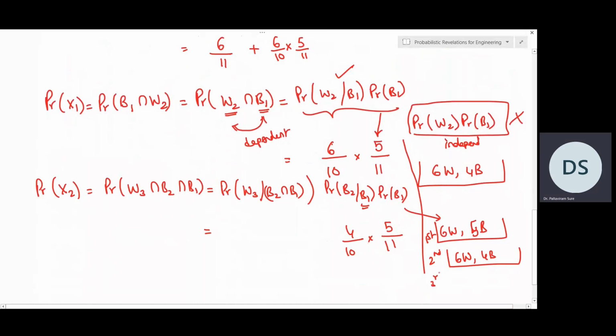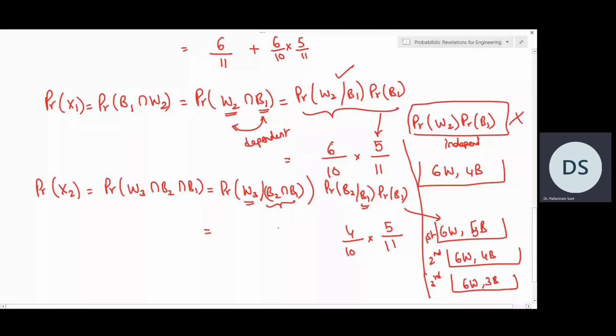Now by the time we come to the third draw, we will be left with, let us see this. So W3 probability given B2 intersection B1, meaning we know that the first time a black ball and the second time a black ball have already happened. So that means we are left with only 3 black balls and we are left with 6 white balls in the box.